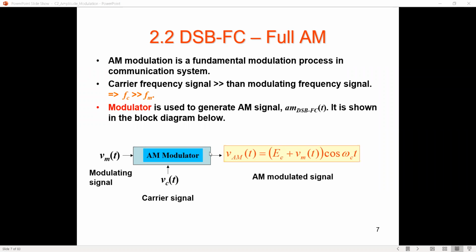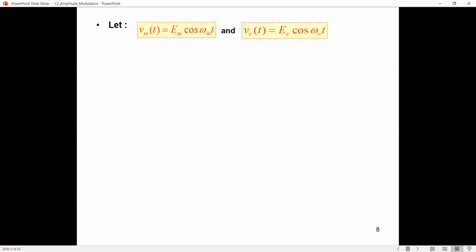The output full AM signal can be represented by this equation, which is equal to (EC plus VMT) cos omega CT. This is the general equation for full AM. Let's make further analysis to understand this.